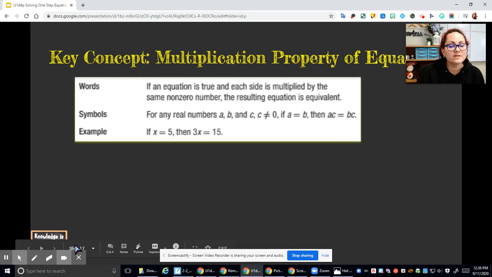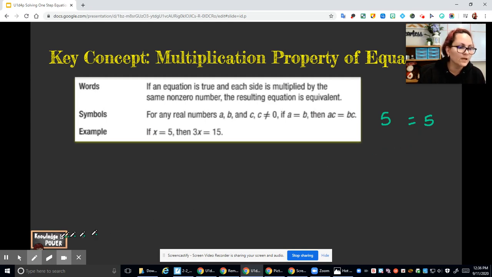Okay. Here's another concept. Again, along with the idea of having that balance, right? Let's say we start off with 5 and 5. We know 5 is equal to 5, right? If I want to multiply, as long as it's not 0, I can choose anything, well, let's choose 3.